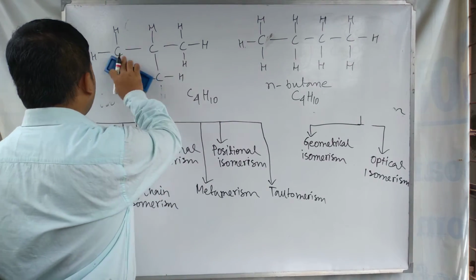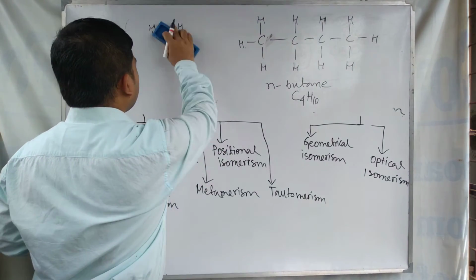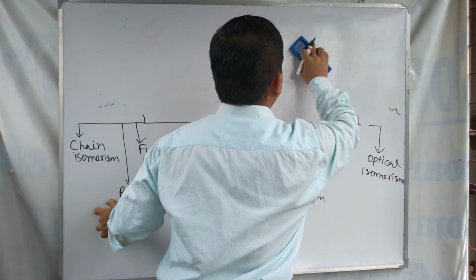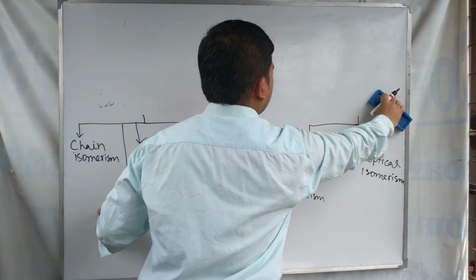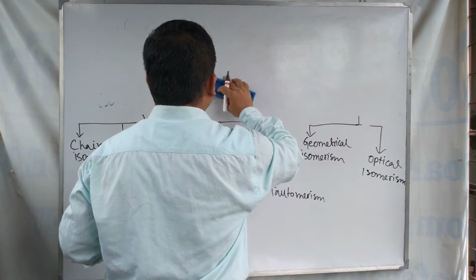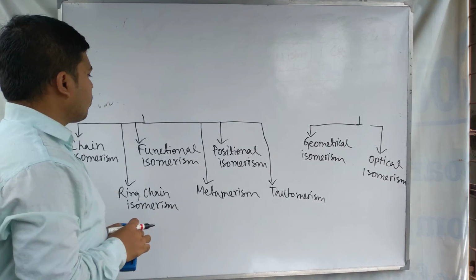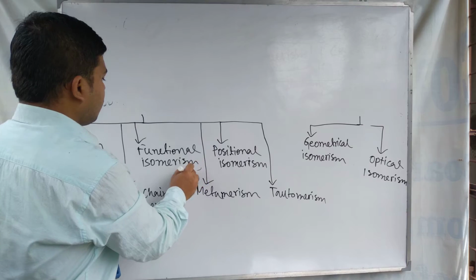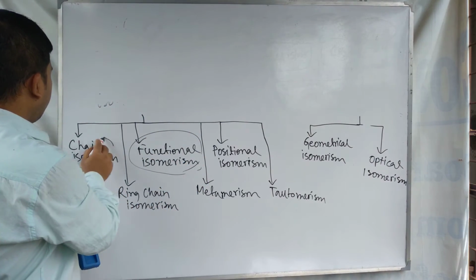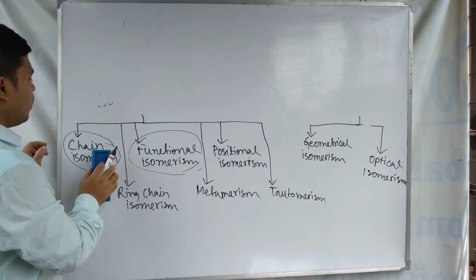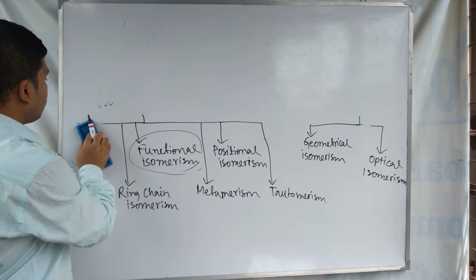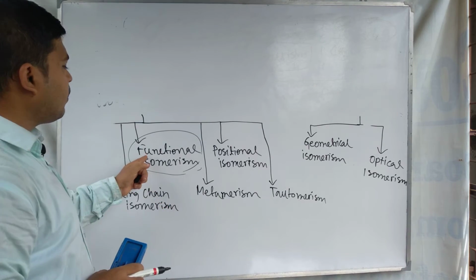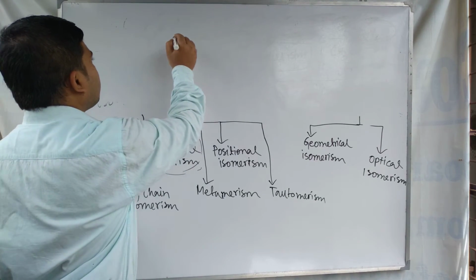Next we see functional isomerism. I am trying to give you examples of each category of isomerism so you can understand this topic well. We already studied chain isomerism, so we are erasing it. Now we discuss functional isomerism.